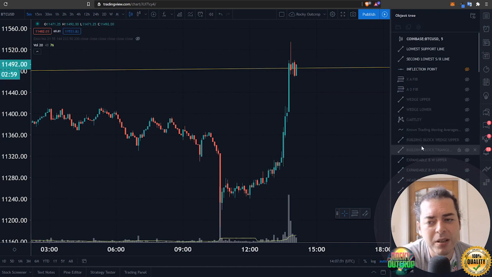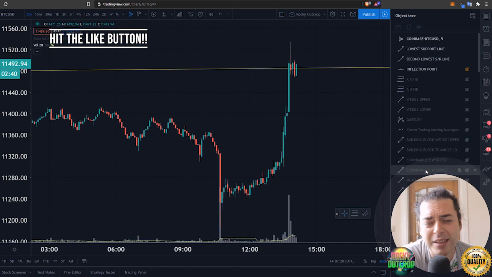I've got certain building blocks along the way, as you can see with these other wedges, which really build up the picture of where we've been and where we've come from and how we've got here, which is of course of key importance. The expandable broadening wedge as well, which I have on the charts, which I'll come around to at some point later on in the video and show you how that actually encapsulates the price action for where we are in terms of one or two different scenarios.